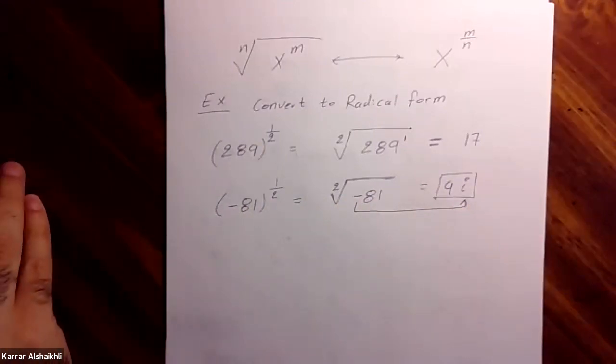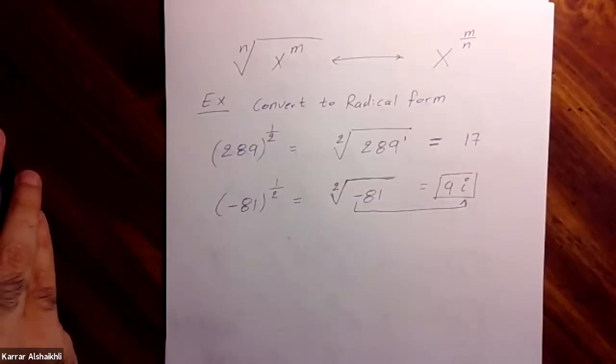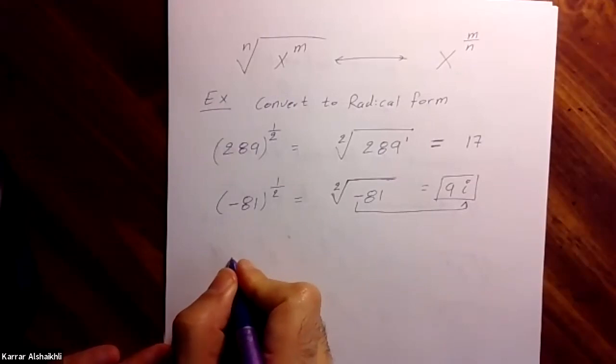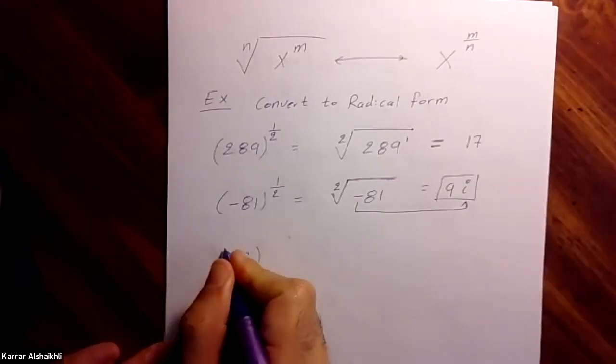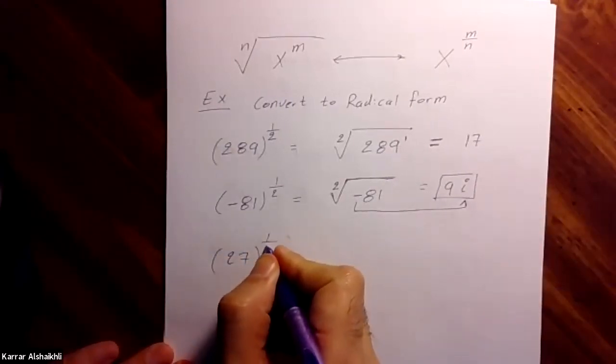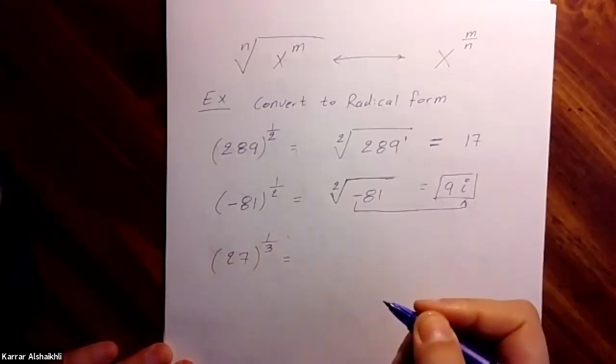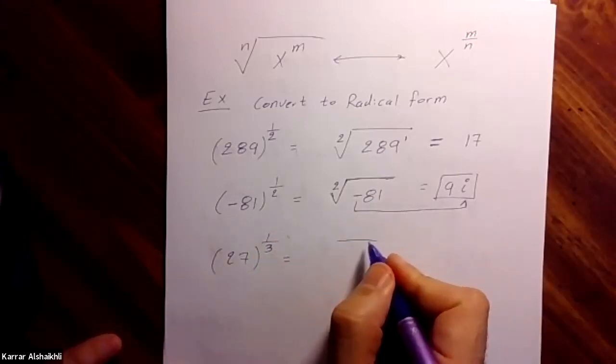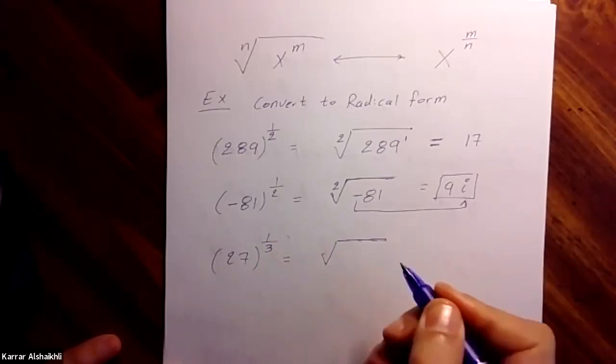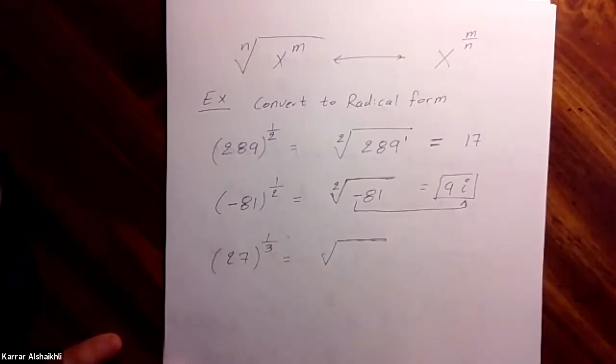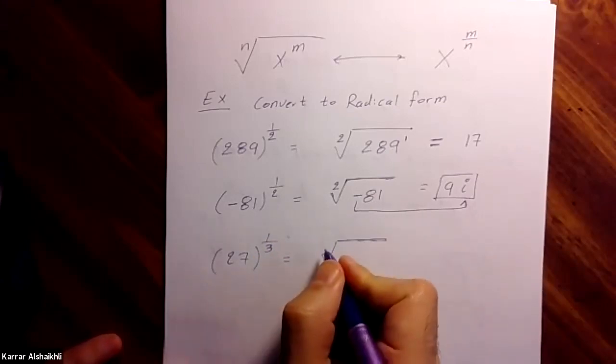Let's do another example. If we have 27 to the power 1/3. So it's going to be what? Here is the root. How much am I going to write down here? The 27.